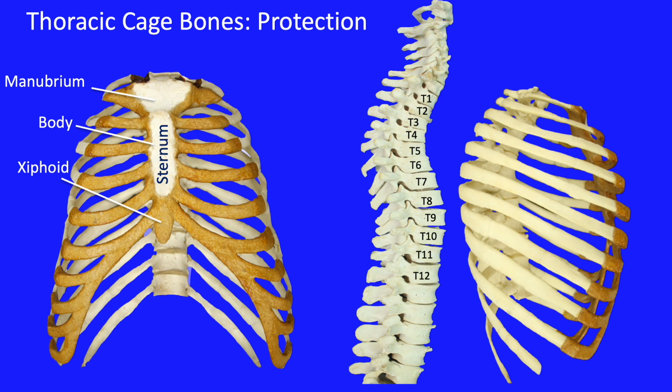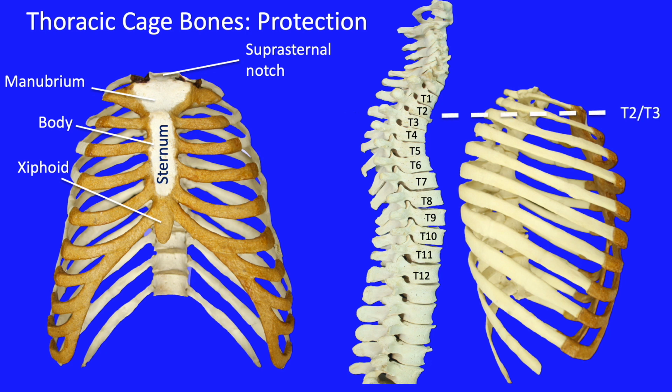It is customary in anatomy and medicine to relate the anterior components of the body to the vertebral levels in the back, as shown in this slide. For example, the upper part of the manubrium is known as the suprasternal notch. That is, the notch or indentation located above the sternum.